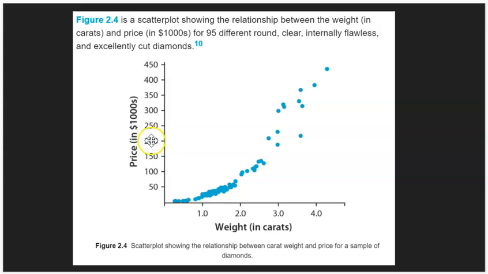Each diamond in the study has given us two parts of the data: our weight in carats, and our price in thousands. When I look at diamond A and say it weighs this much and sells for this much, then I know where to plot it on the graph based on my two axes.